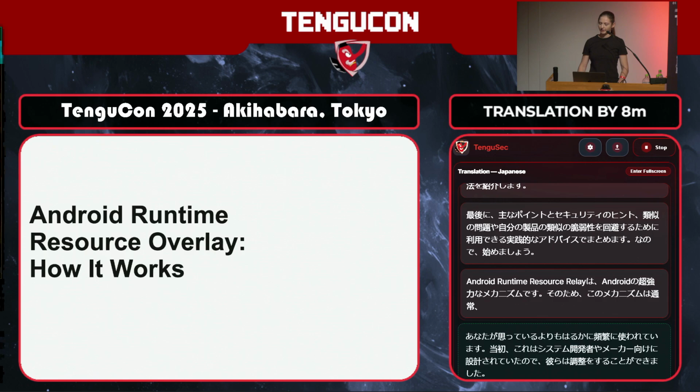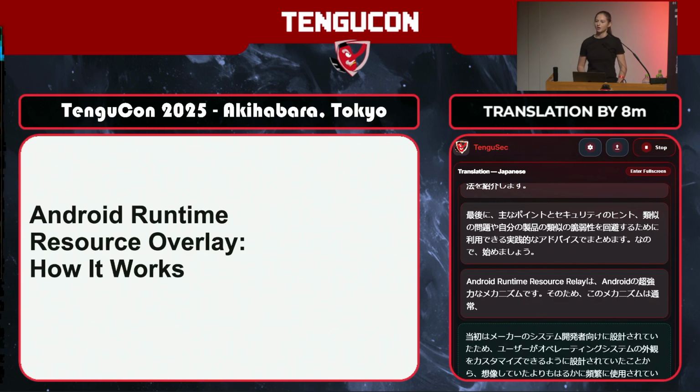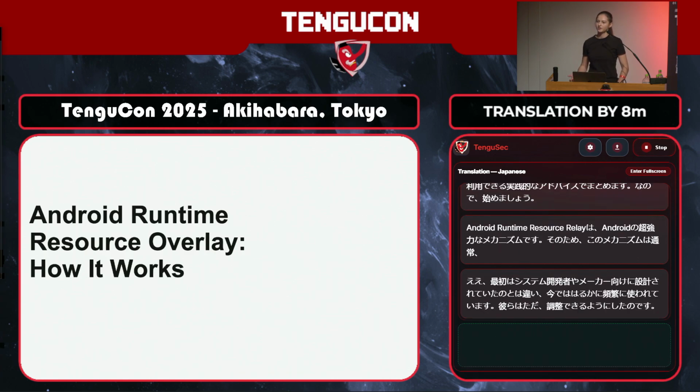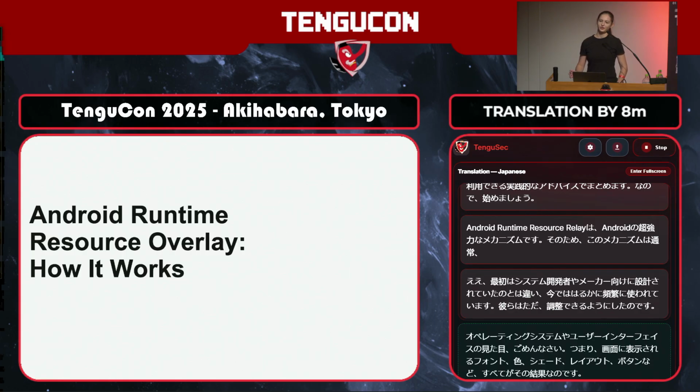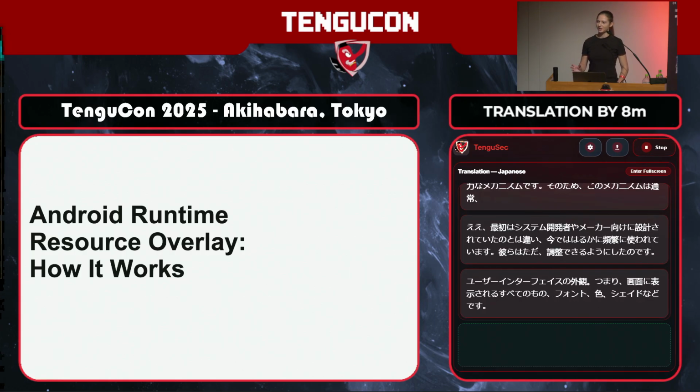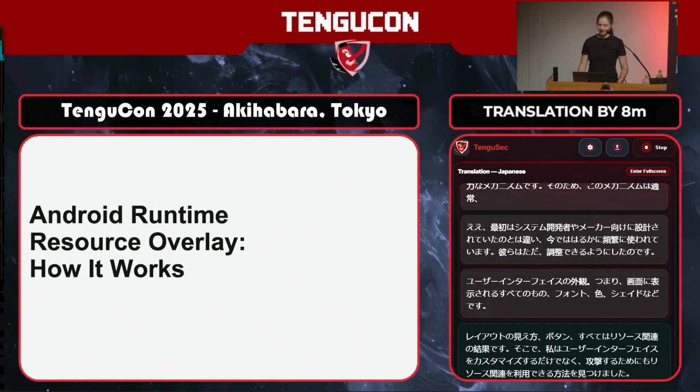Everything you see on the screen, like fonts, colors, shades, how layouts look, buttons, everything is the result of resource overlays. Here I found a way you can use resource overlays not just for customizing the user interface, but for attacking user and system applications.